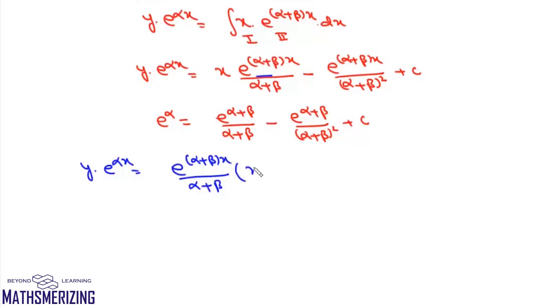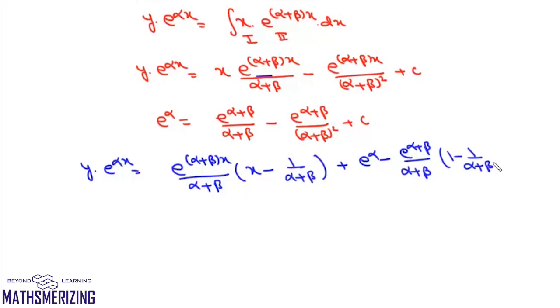Here will be x minus 1 upon alpha plus beta, and then c, and c in this case is e to the power alpha minus e to the power alpha plus beta upon alpha plus beta into 1 minus 1 upon alpha plus beta. Now we'll take this e to the power alpha x.